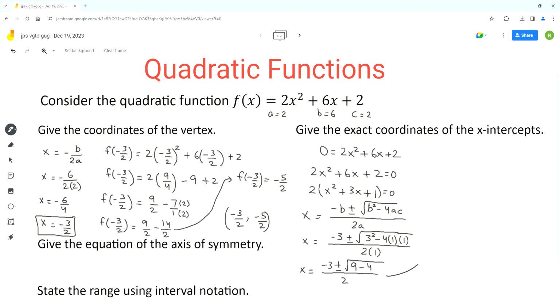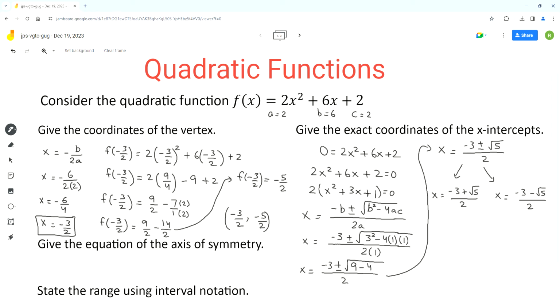Now we'll subtract the numbers under the square root. So we get negative 3 plus or minus the square root of 5 over 2. We can break up this expression into the positive and negative cases. So we get x equals negative 3 plus square root of 5 over 2 and x equals negative 3 minus square root of 5 over 2.